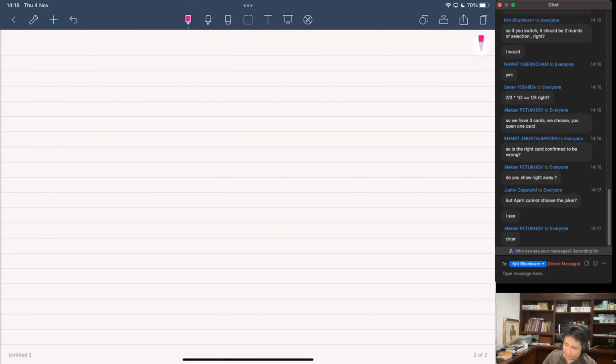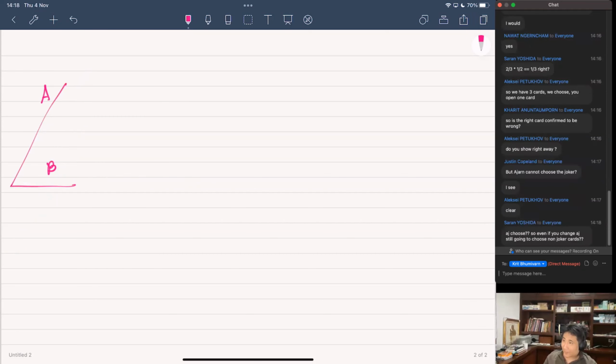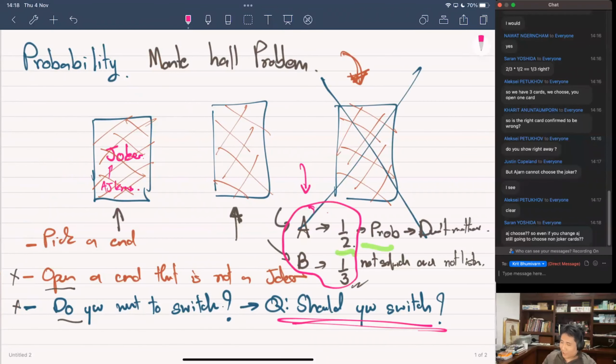Actually, let's draw the full tree for this one. I have three choices, right? Start from the left, and save the space. No, I do not choose the right card. I reveal it. That means I show you that this card is not a joker, and then I ask you, do you want to switch or not?